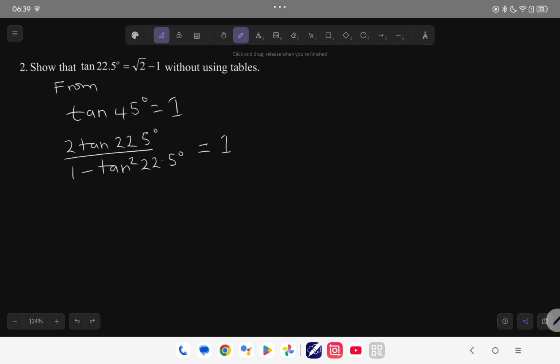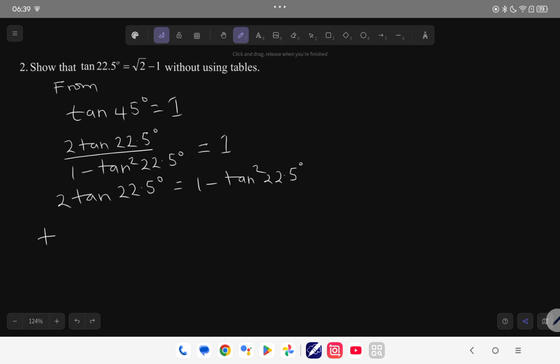Now, I want to get tan 22.5, so I must make it the subject if possible. So 2 tan 22.5 is equal to 1 minus tan squared 22.5. I can now rearrange.